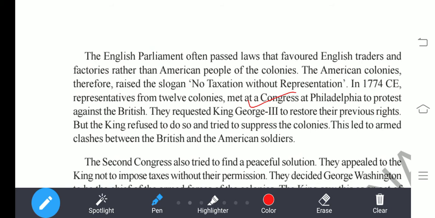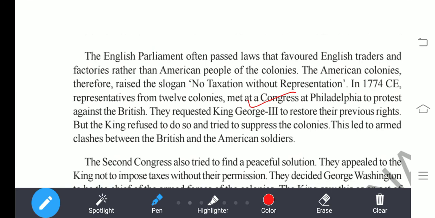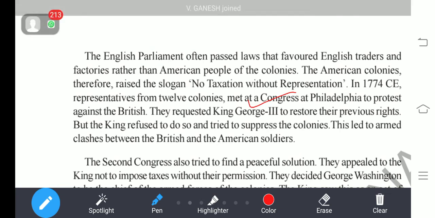It is injustice. Understand? So they did not wage war on the king. These American people did not wage war on the king, right? They sent a petition to the king. They requested the king to give certain rights to the people. But the king, with his absolute power, in which he believed the divine right theory, started suppressing the people.